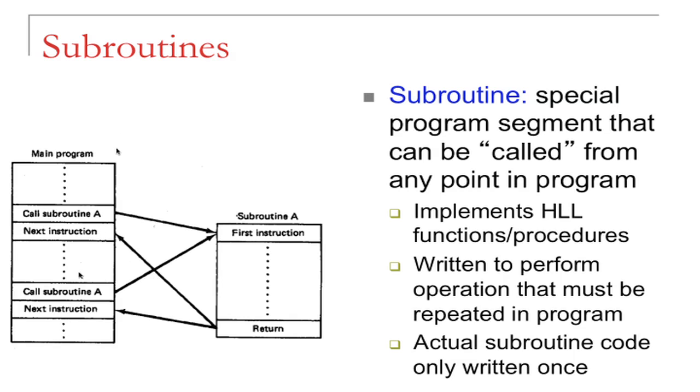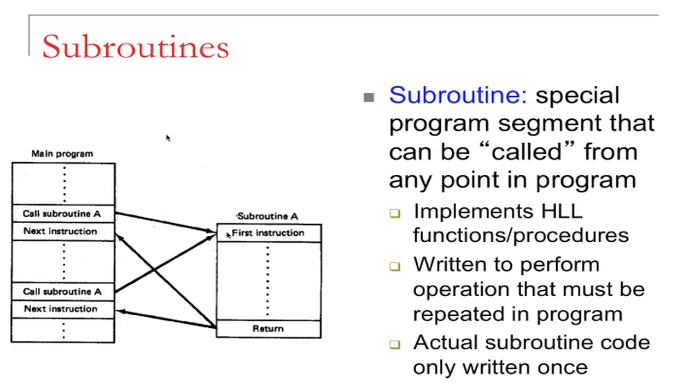And this can happen another time. For example, here you can see in the main program I did another call subroutine A, and that will take the microprocessor to the instructions in this subroutine, and at the end the subroutine will return and the microprocessor will continue its execution from the next instruction right after it made the call.